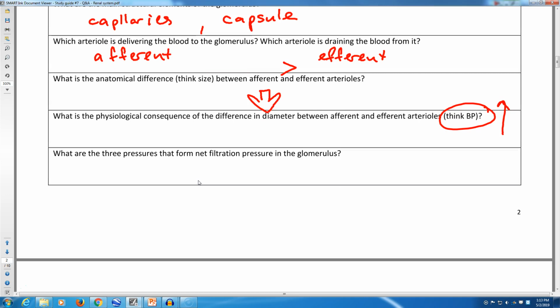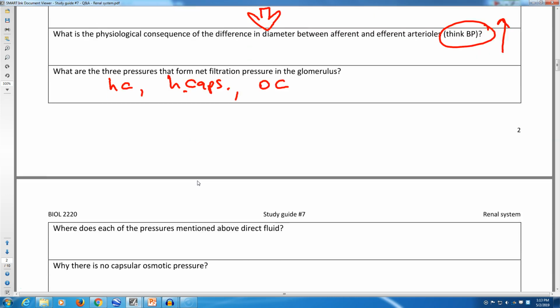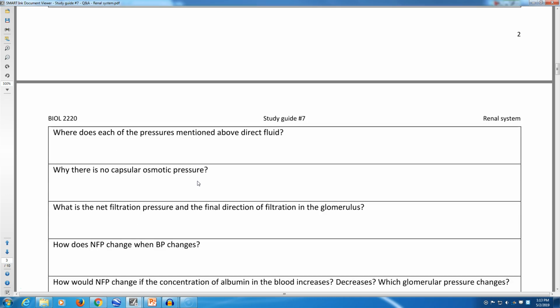Three pressures: hydrostatic capillary, hydrostatic capsular, and osmotic capillary. Hydrostatic capillary drives fluid into the filtrate.